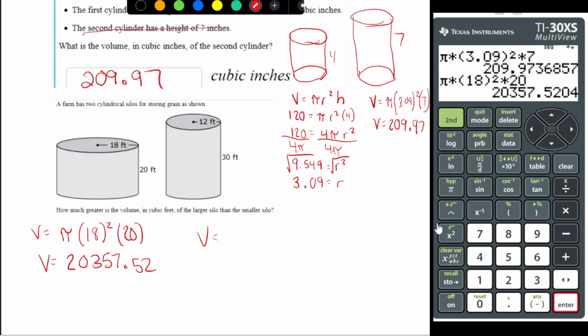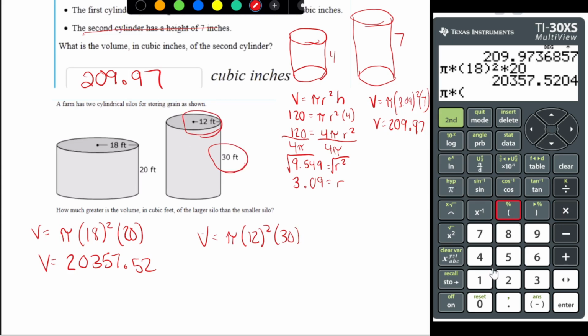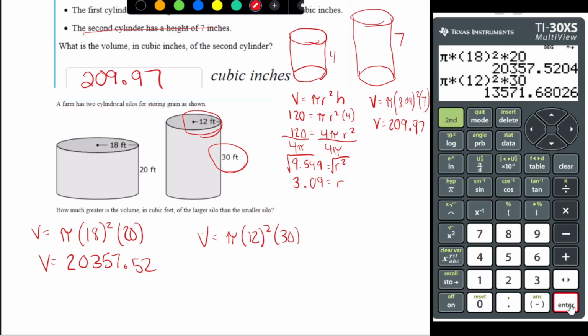Now we go and find the other one. The volume is pi times 12 squared times 30, getting our radius of 12 here and our height of 30 here. We do pi times 12 squared times 30, and you get the volume of 13,571.68.